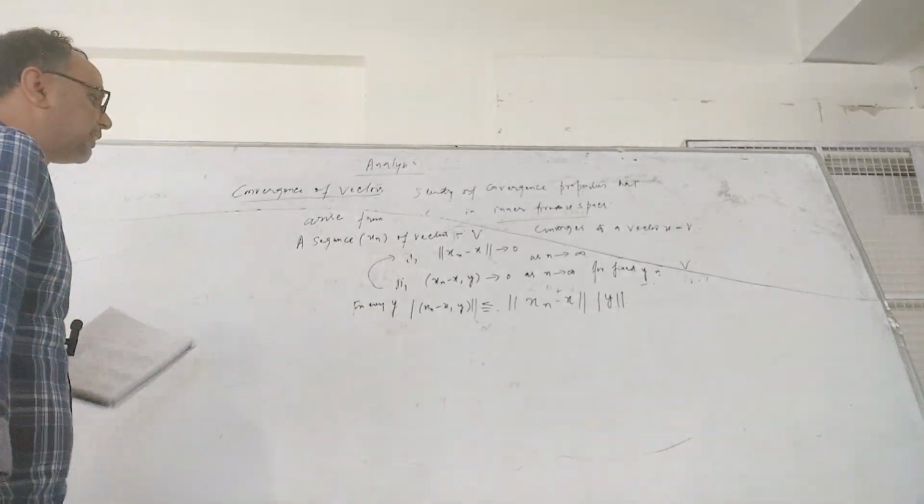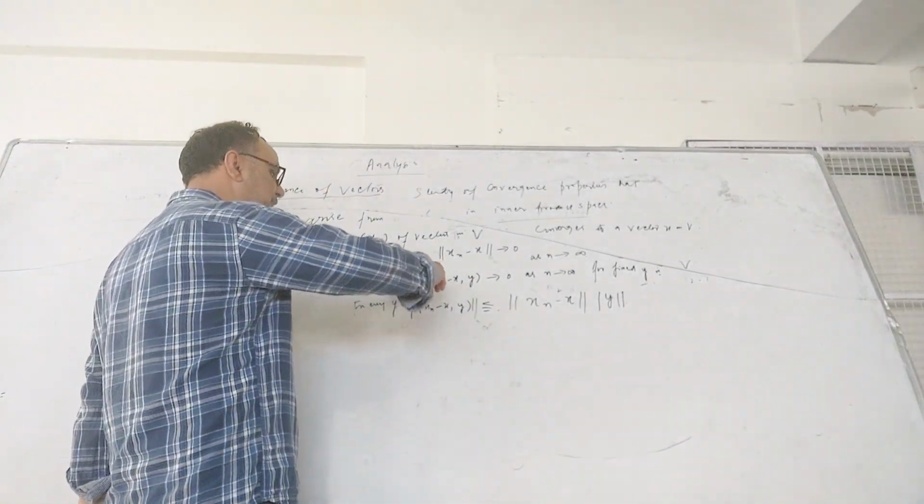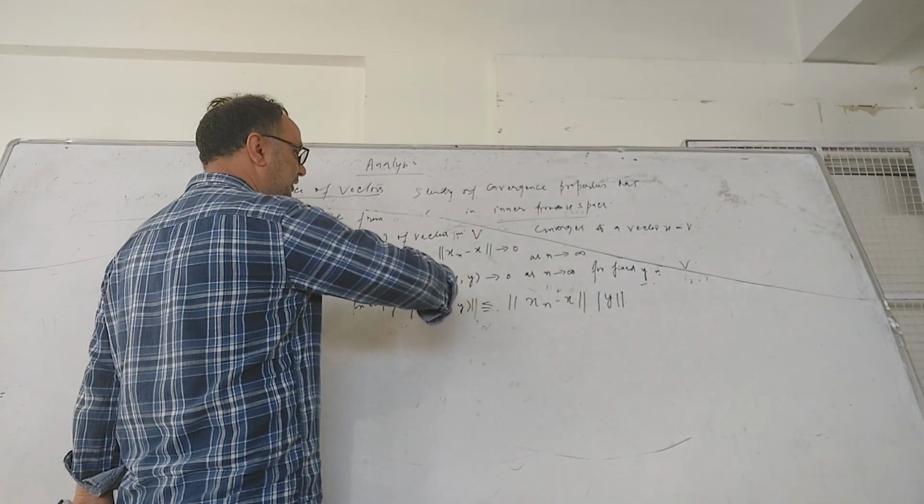So to prove that, the logic goes this way, you define things this way, and then you can arrive at this.